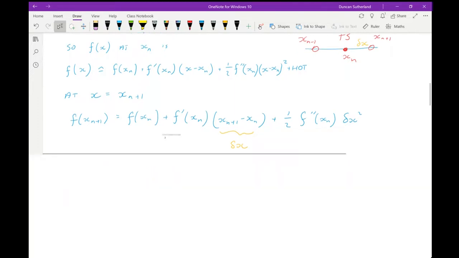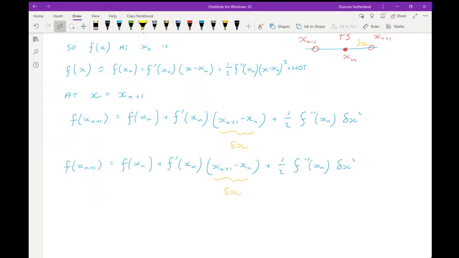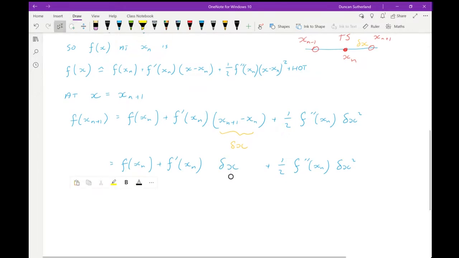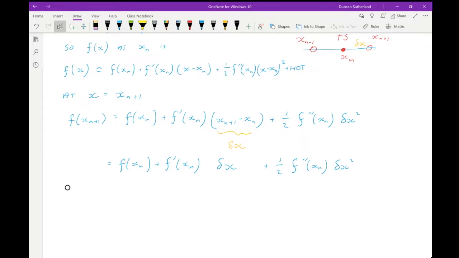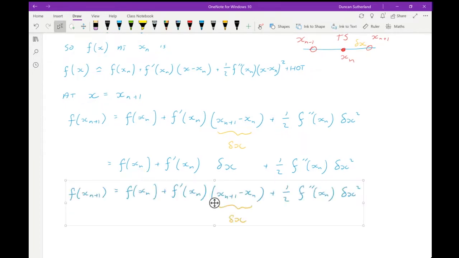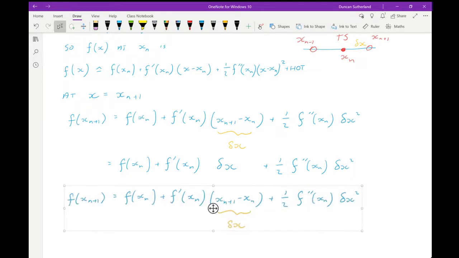So firstly, let's just write delta x in here explicitly. And then let's do the negative.